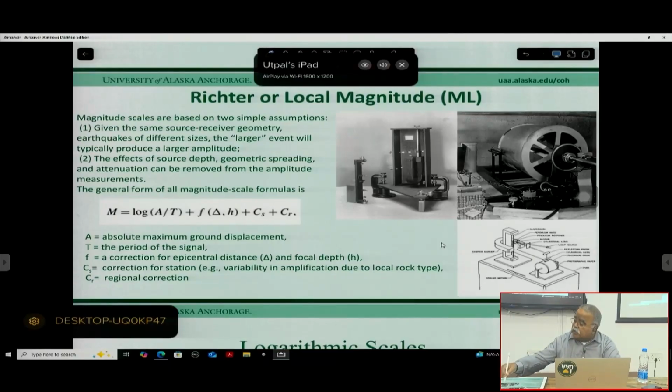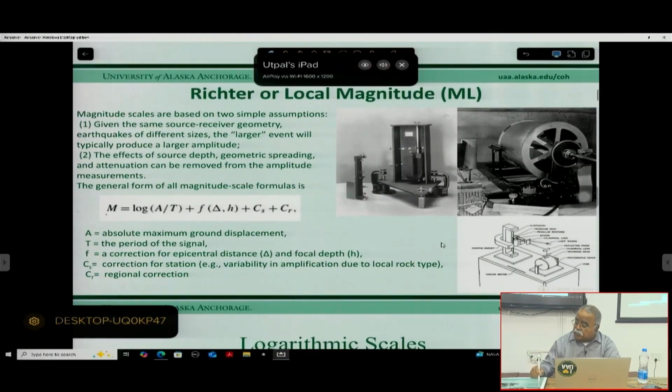You can see that these are all analog, recorded on smoked paper. And so he said, as per that law, that the magnitude equals log A by T with some factors. This factor is dependent on delta, which is the epicentral distance, and H is the depth of the earthquake, and also some correction factors, CS and CR.